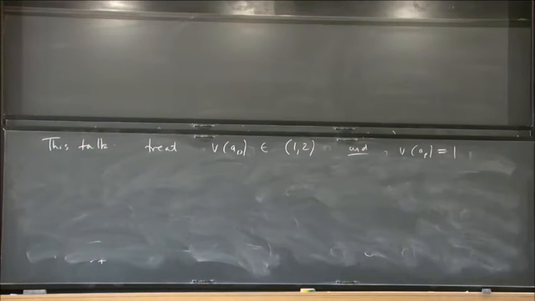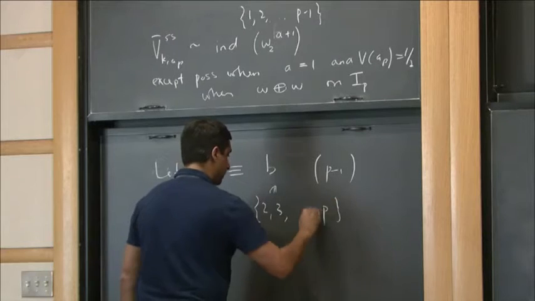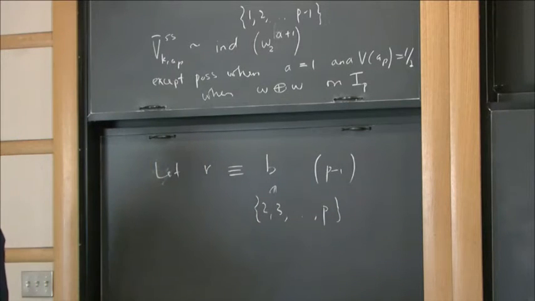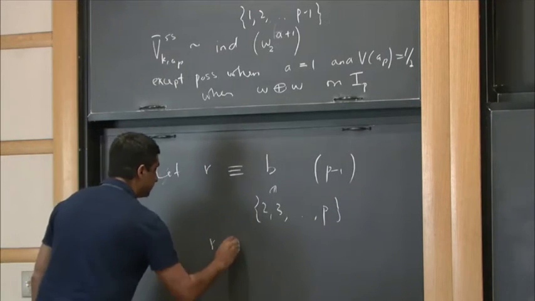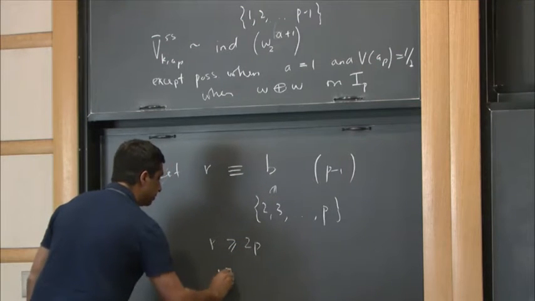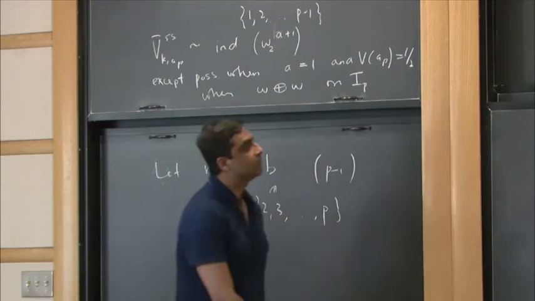So let R be congruent to B instead of A. And let's fix the set of representatives to be in this set. So set of representatives mod p minus 1. And for simplicity, I'm going to assume R is bigger than 2p, and I said p was bigger than 5. Okay, so all this holds for the rest of the talk.